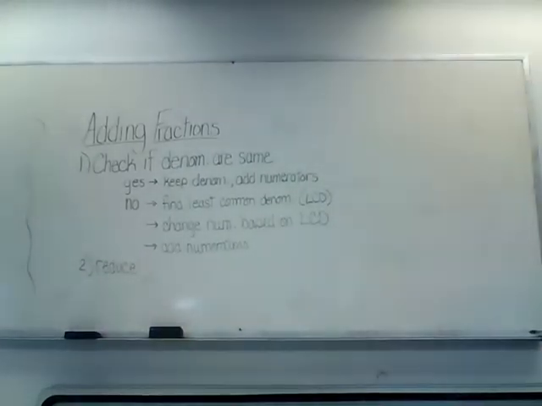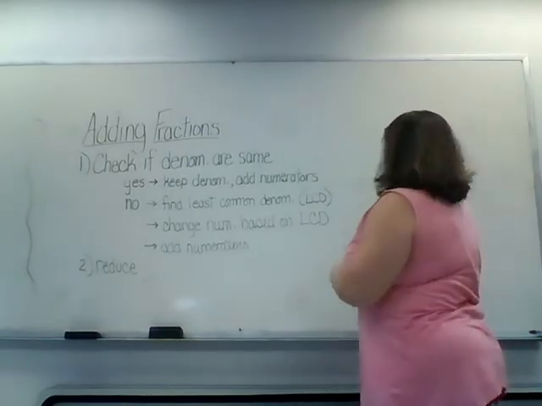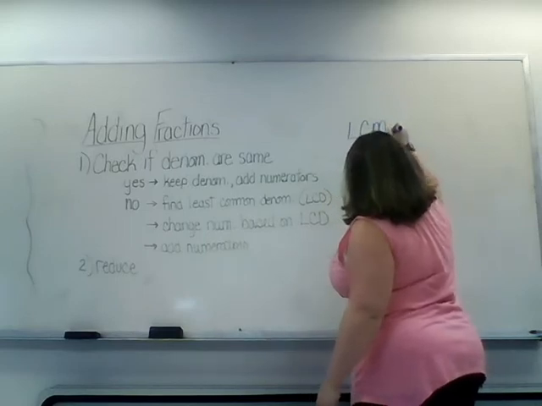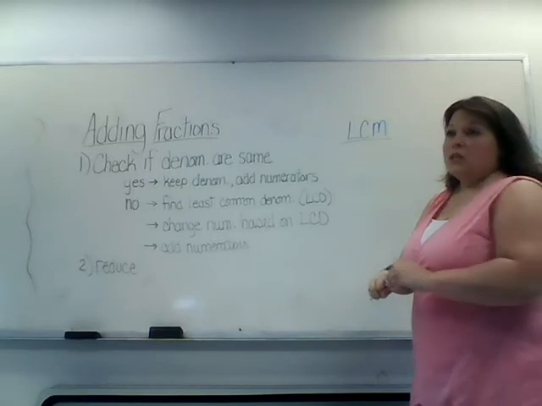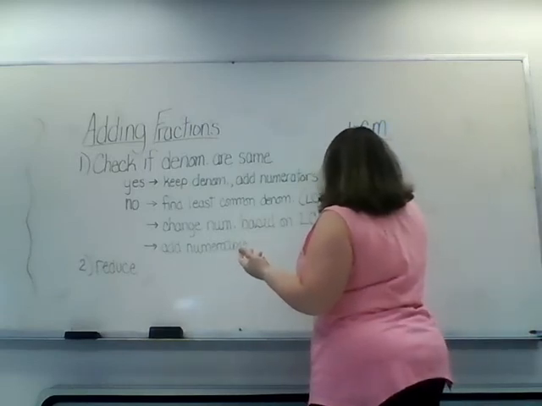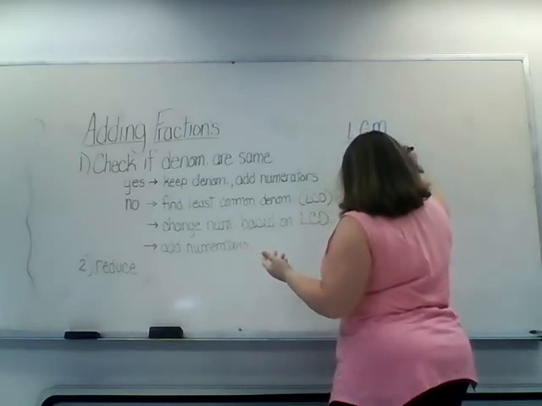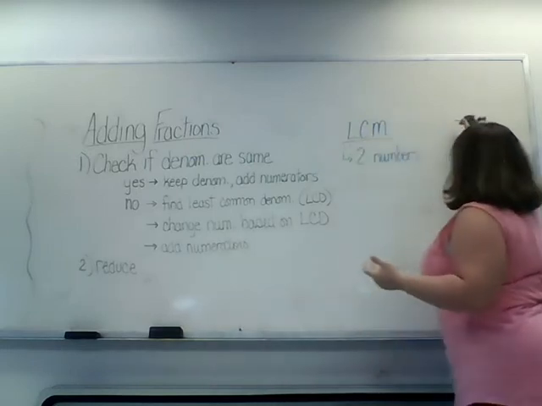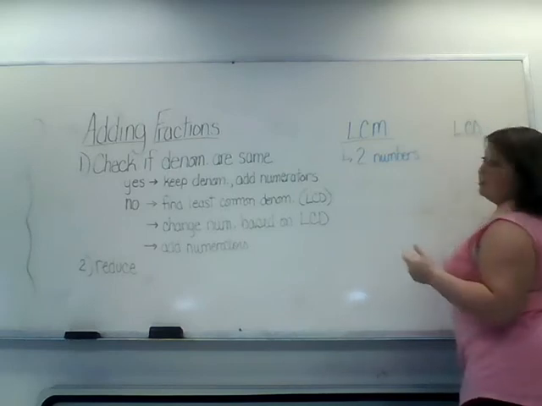A least common multiple and a least common denominator are really pretty much the same thing. So least common multiple, on this worksheet, it's two numbers. I'm just going to kind of do a comparison here with least common denominator.